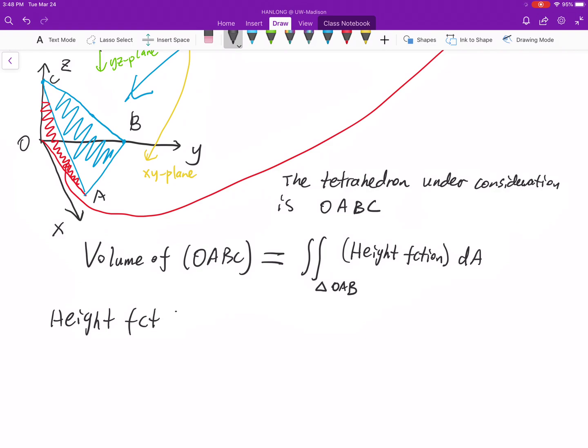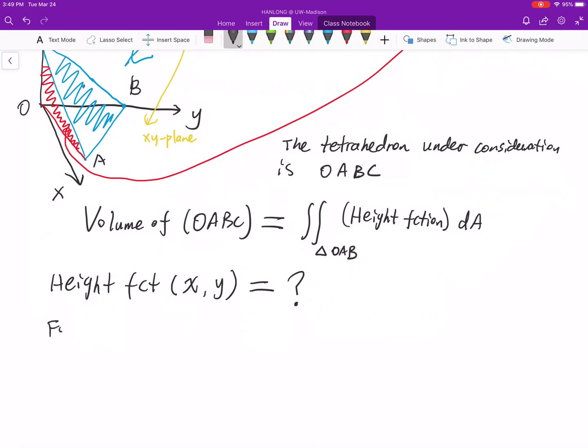The height function should be a function depending on x and y only. For each fixed point on the top, let's go step by step.